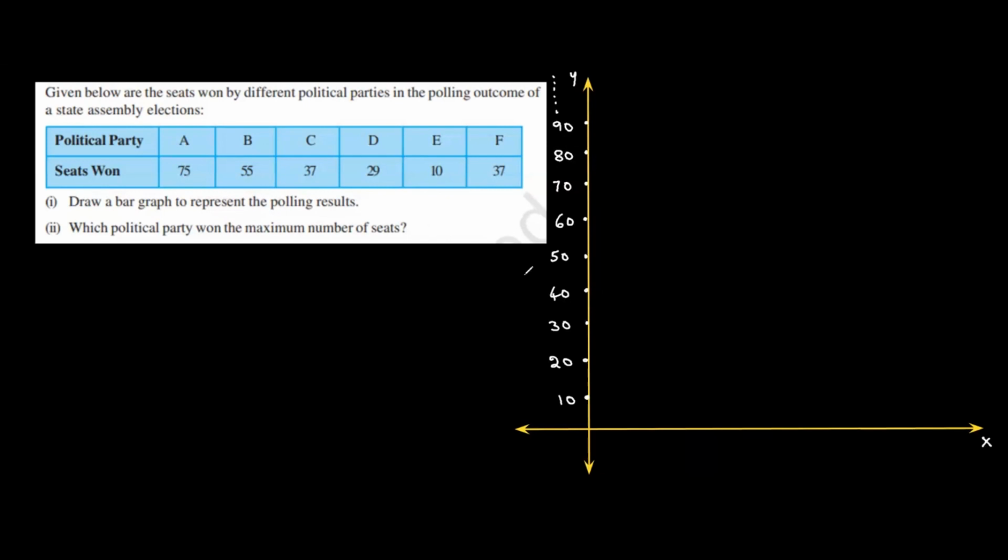On the y-axis, we consider the number of seats, which I will mention very clearly here. And on the x-axis, we are considering political parties.